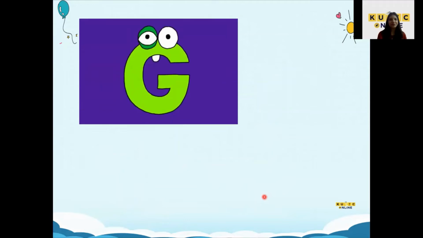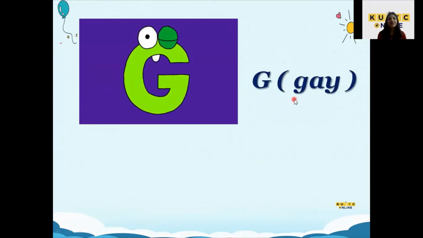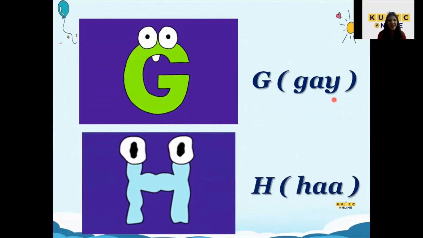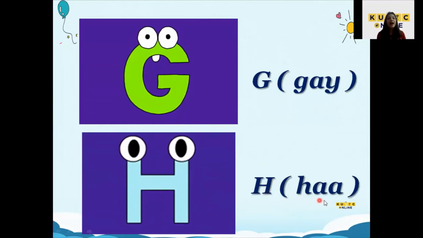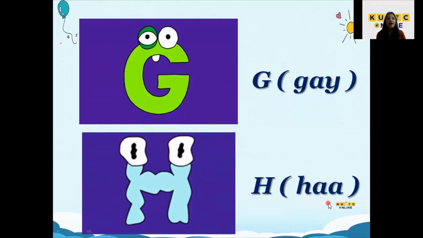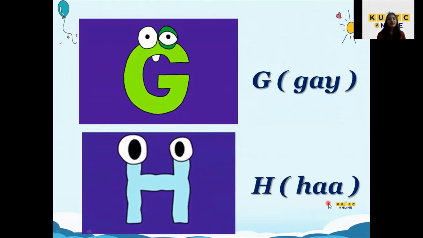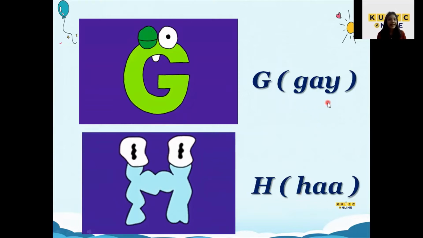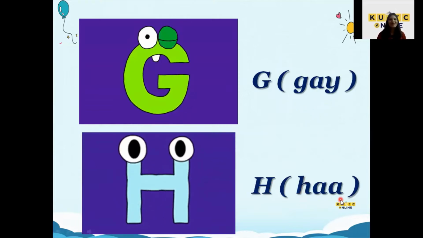Now the next letter. Which letter is this? G. In German, we say G. Good. You are doing very well. And the next letter, in German we say H. Once again. G. H. Good.